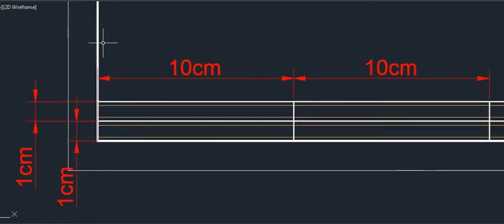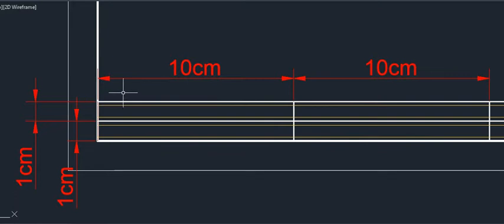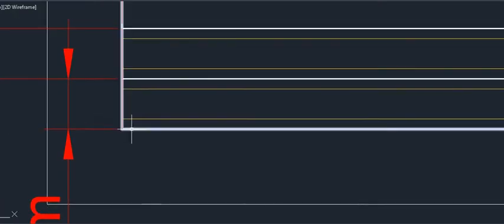Now this is a very thick line, since this is the border line. So this is around 0.7 millimeters to 1 millimeter. Now you start measuring from the bottom border, and then measure 0.20 centimeter or 2 millimeters.